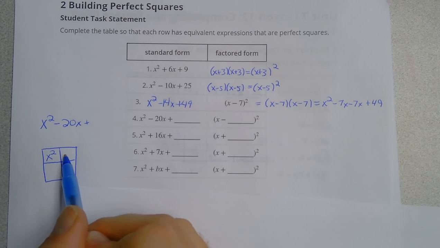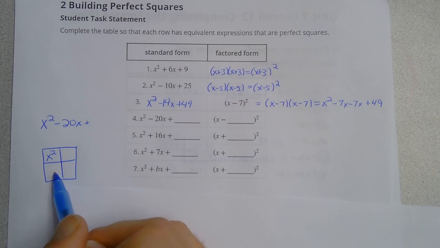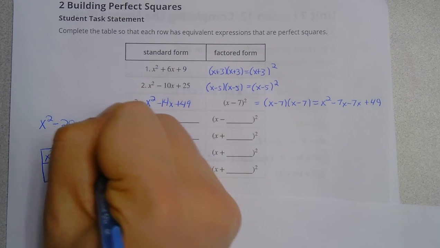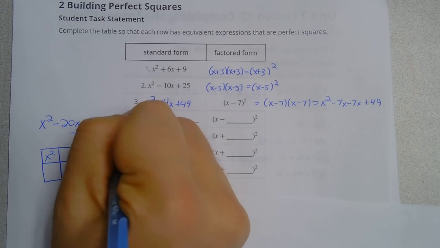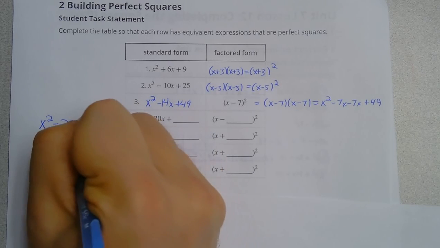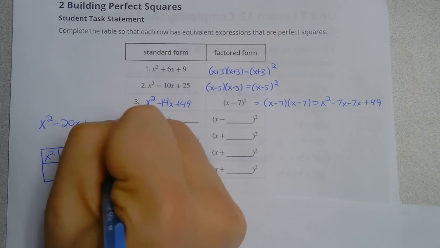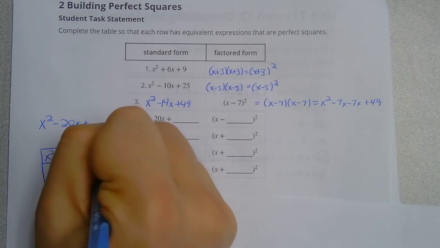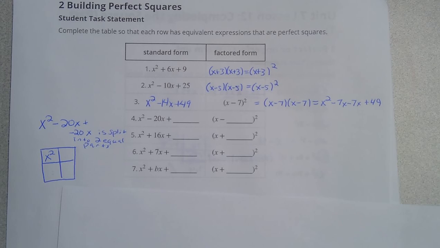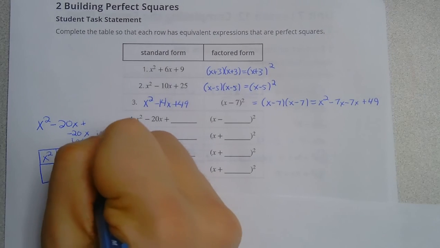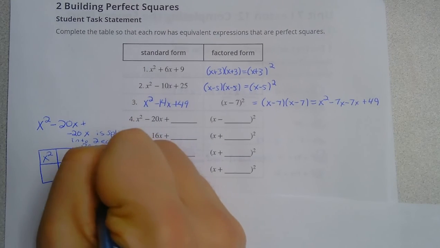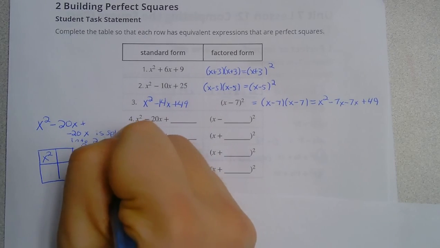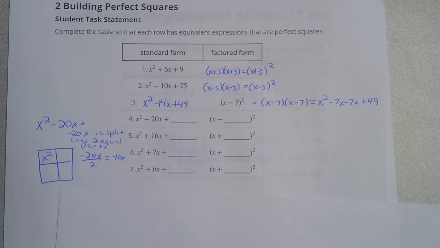Now, what I want you to notice is on a perfect square, these x terms are the same. So negative 20x is split into two equal parts. So essentially what we're doing is taking negative 20x and dividing it by 2, and negative 20 divided by 2 would give us negative 10x.